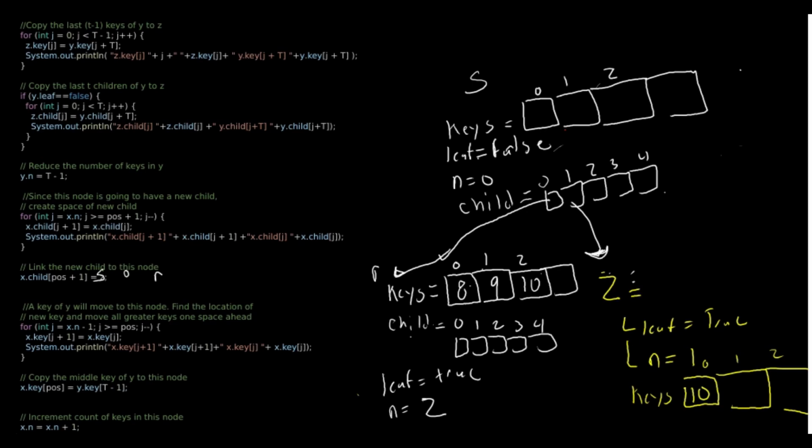So now from Y, this one here, right over here, which is R, we take the middle node and we move it up to S. So the middle node is 9. So we're going to move this to here. All right. Just want to be clear, we're here right now.